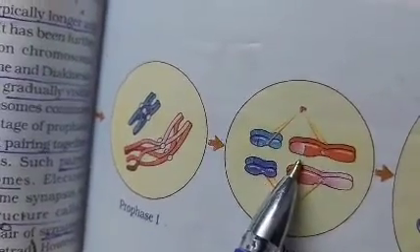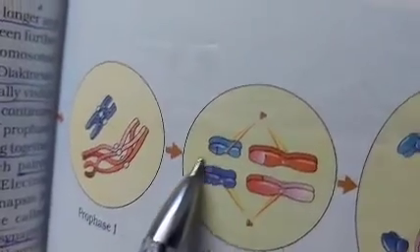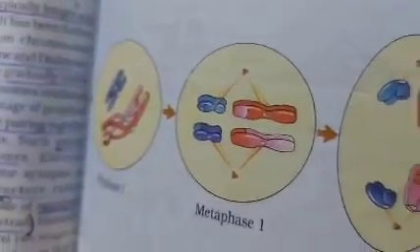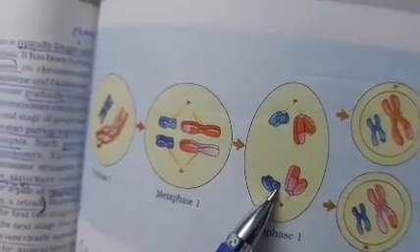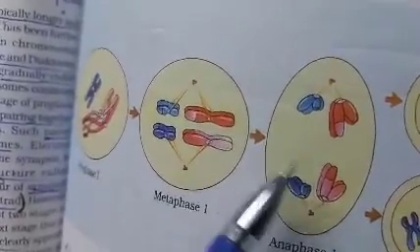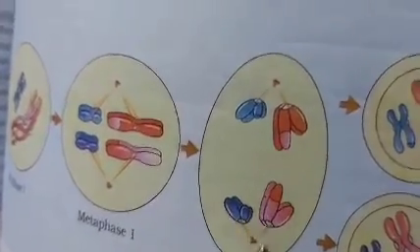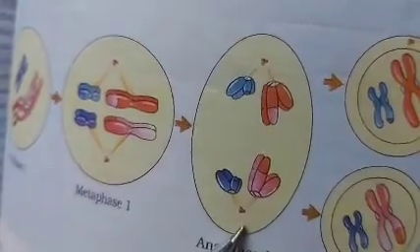In this, chromosomes get arranged in the center towards the equatorial plate, and in anaphase, unlike mitosis where chromatids separate, in this case the chromosomes separate and start moving towards the poles.